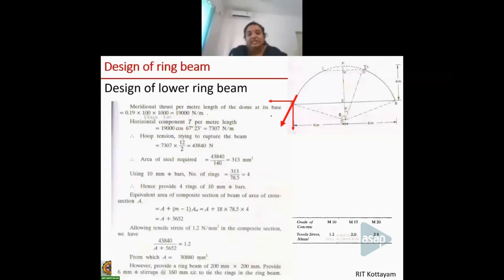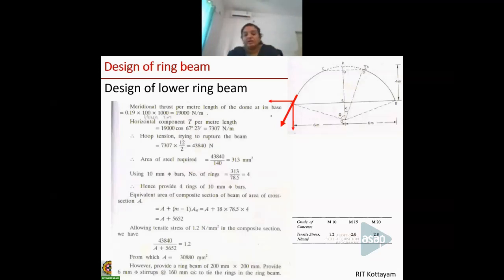And the design of the stirrups is just, we don't need a much bigger design for this. What we got now is a beam section which is having a cross section of 200 by 200, having 4 bars running around, or it will be something like a beam section having 4 bars, right?